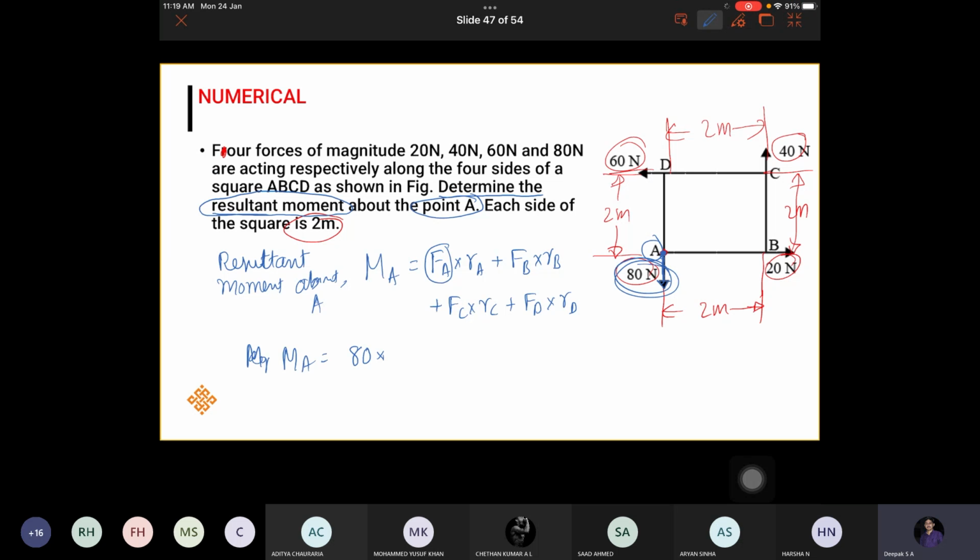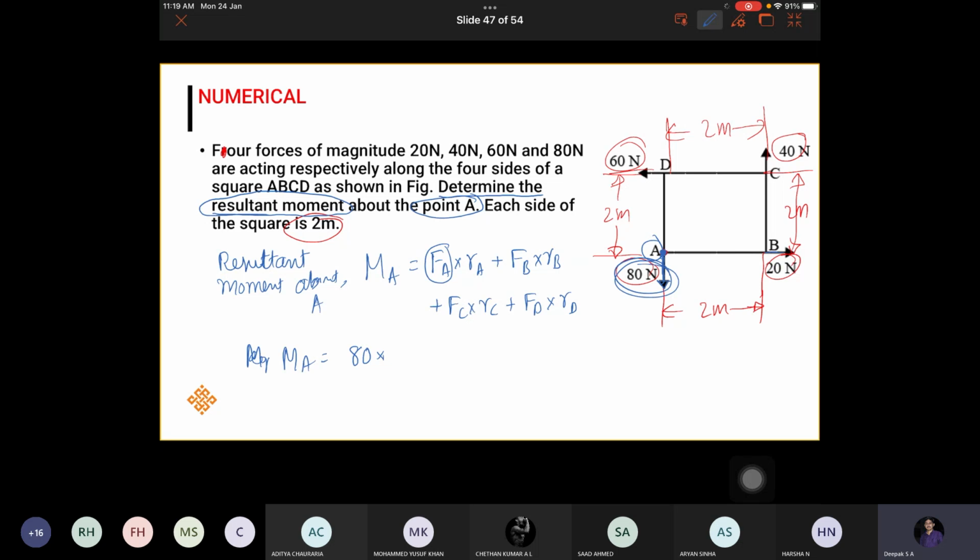See, now if you look here, with respect to point A, what is the perpendicular distance of the second force? See, the second force also will be 0, no?